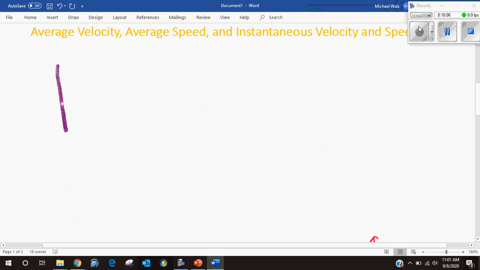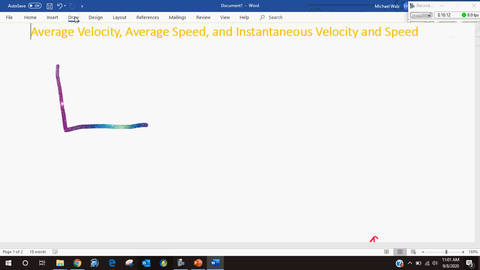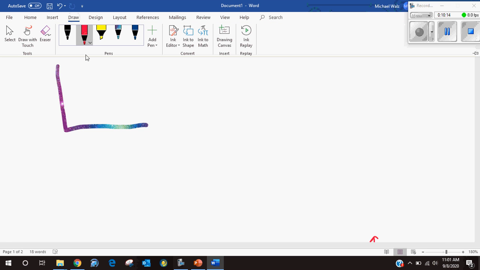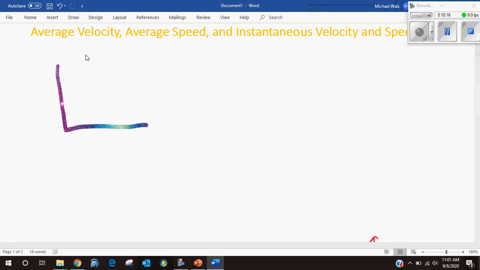Okay, so to find an instantaneous velocity, it's a little bit different because, you know, if your velocity looks like this, you can find the average of that whole entire time by going from here down to here. But what if you want to know something different?